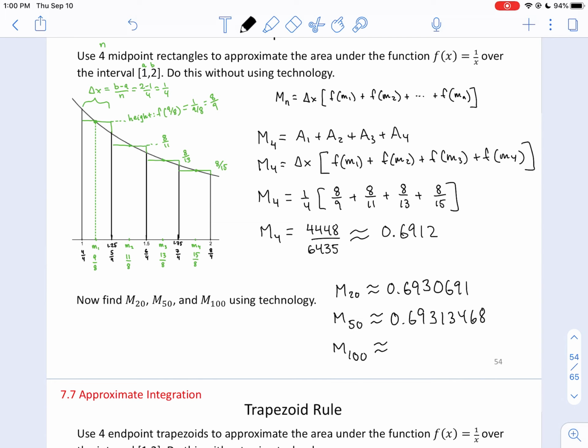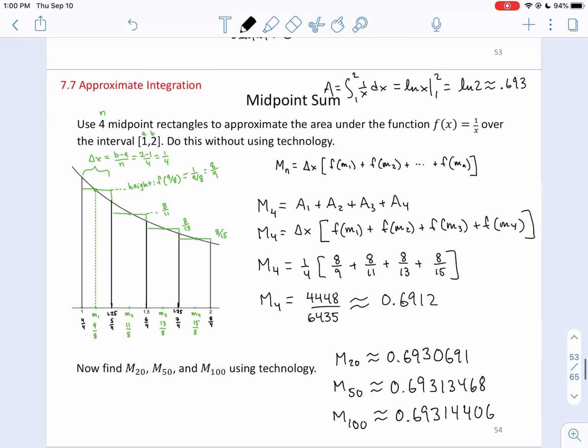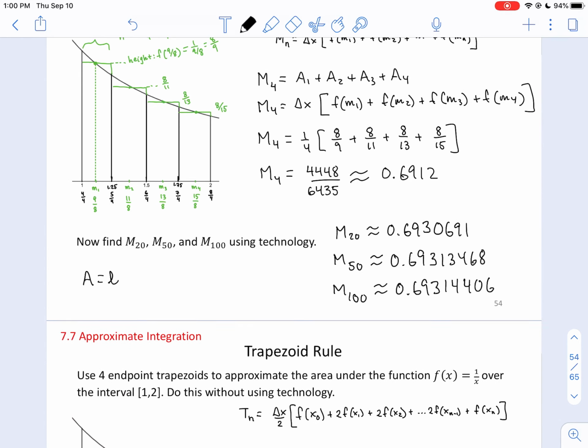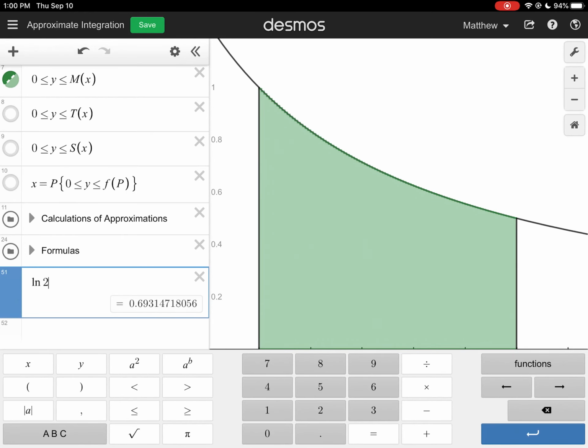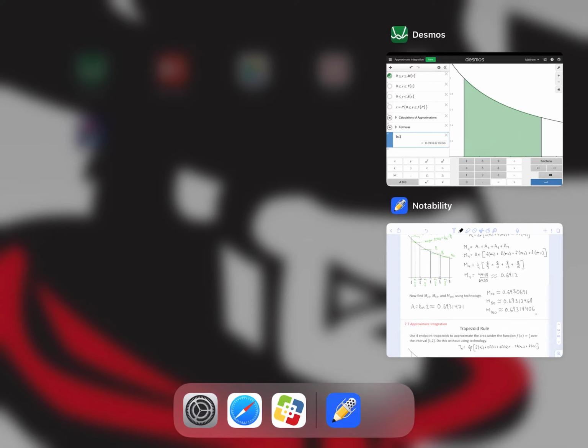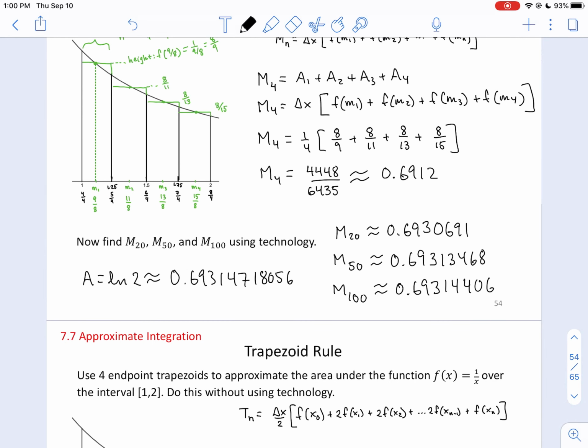And doing 100 midpoint rectangles gave us approximately 0.69314406. Now up here we said the exact answer was natural log of 2, 0.6931471856.